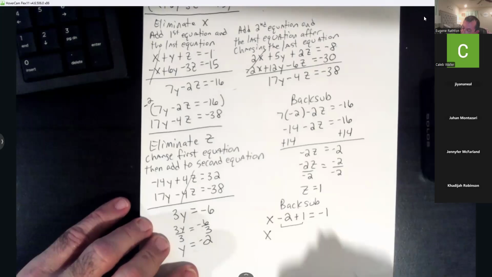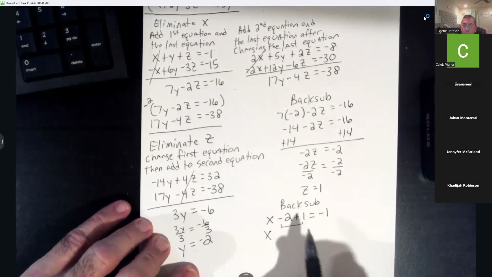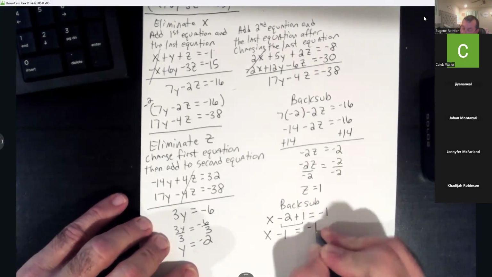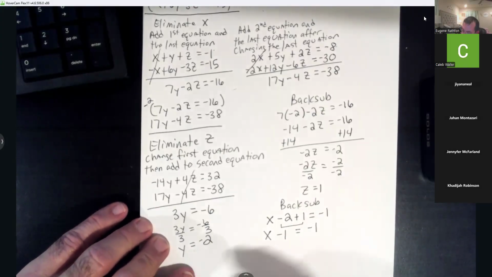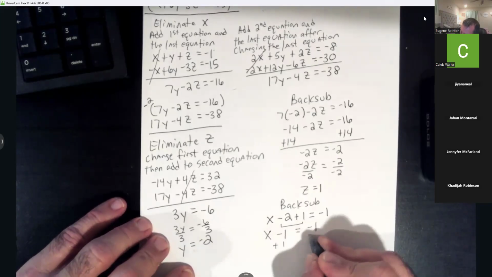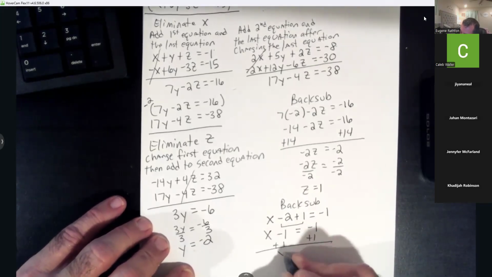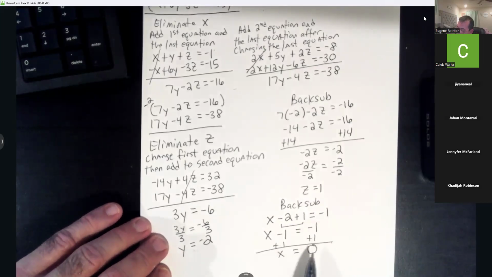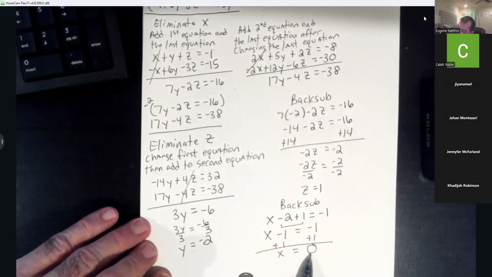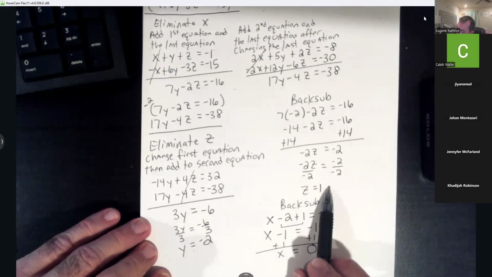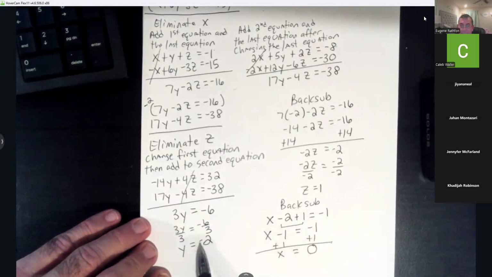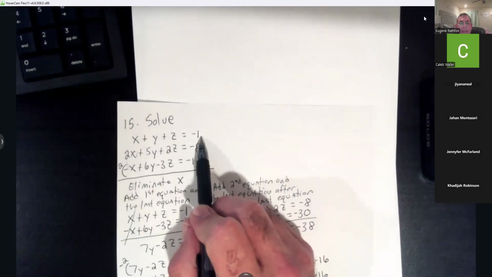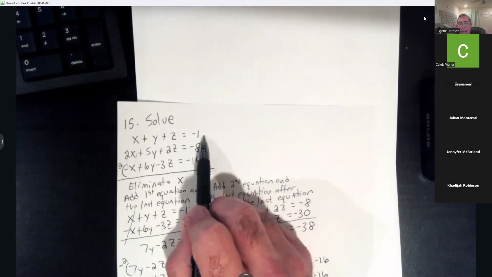You also want to add like terms. Negative 2 plus 1 gives me a negative 1 equal to my negative 1. And add 1 to both sides. That was going to give me x equals 0. So if you add 0 and 1, you get 1. Added to negative 2 gives me negative 1. And that's what those three should equal when I added them.